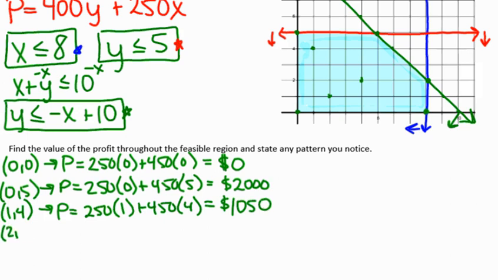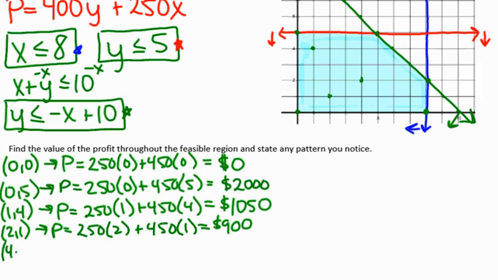If I do 2 and 1, 2 cars and 1 truck, that gives me a profit of $900. So I was doing good. Now I'm going down. I'm lowering my profit. Let's try 4 and 2.